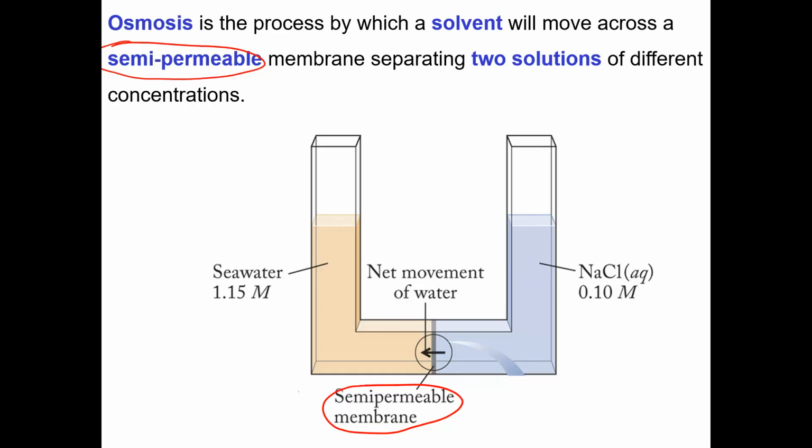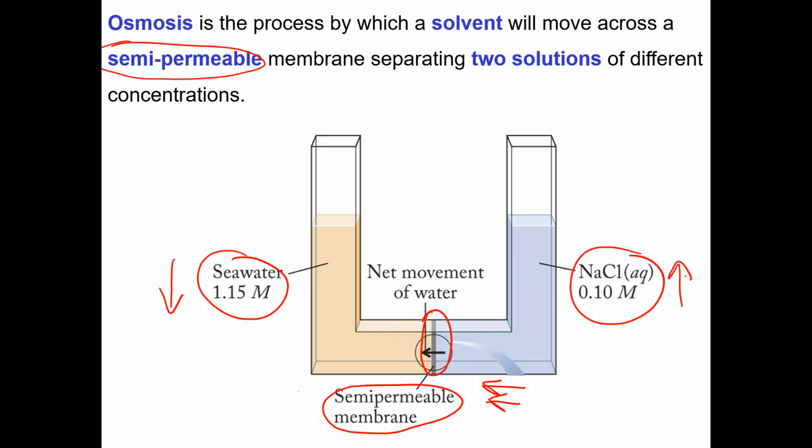So what happens is, if we have a solution with a high concentration of solutes separated from a solution with a low concentration of solute, then solvent will move across the membrane to try to lower the concentration on the high side and raise the concentration on the low side.